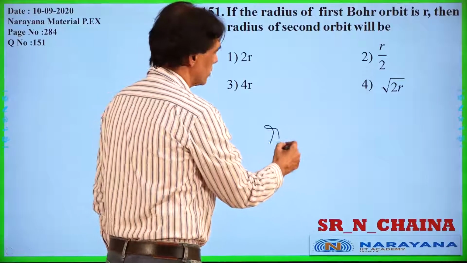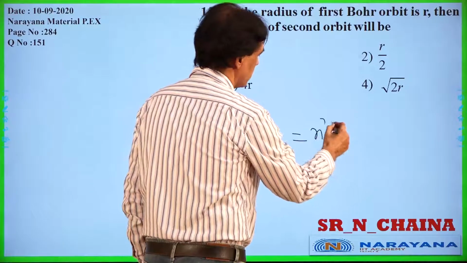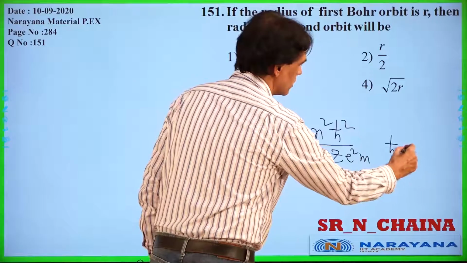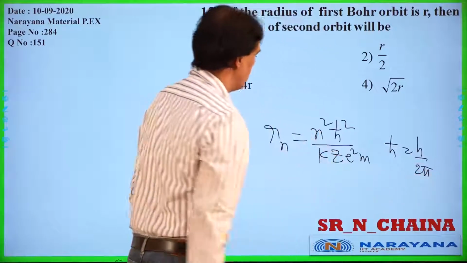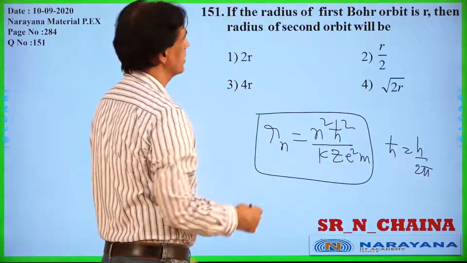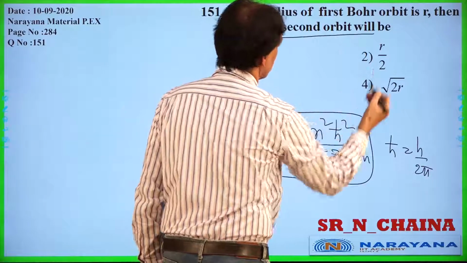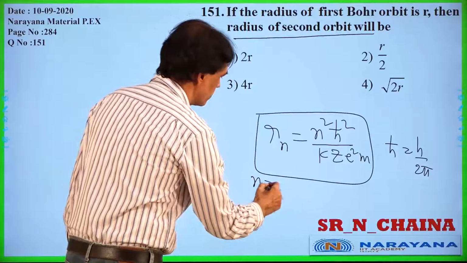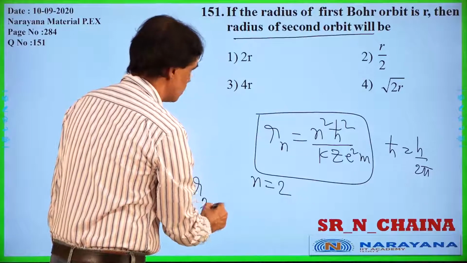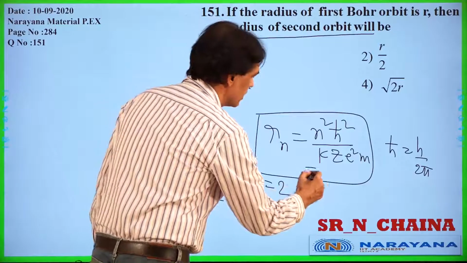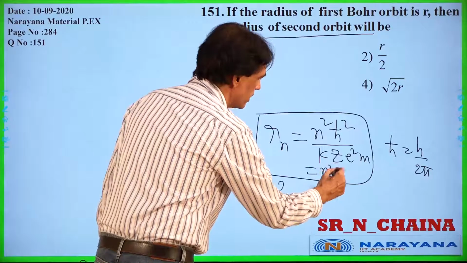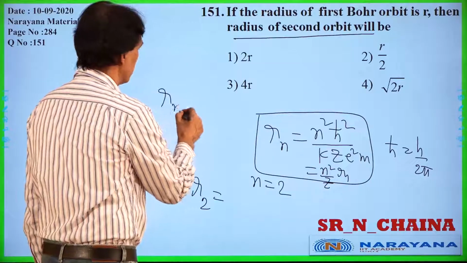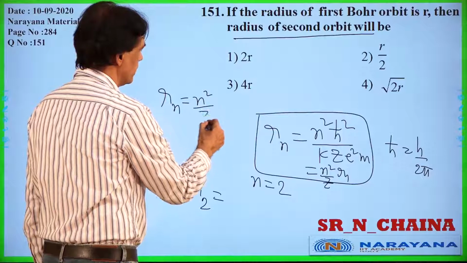Same formula we have to use: Rn equal to n square h cross square by k z e square m, where h cross is h by 2 pi. This is the formula for the radius of the nth orbit. Rn can always be written as n square by z into R1.